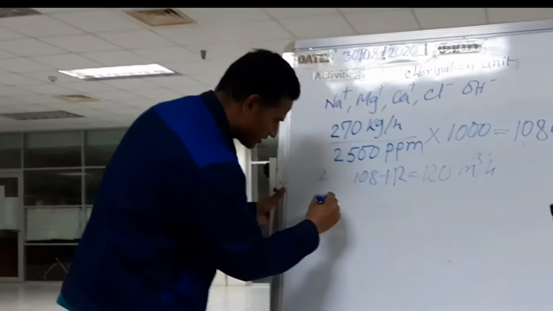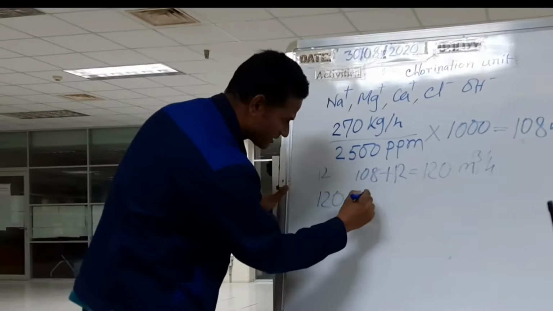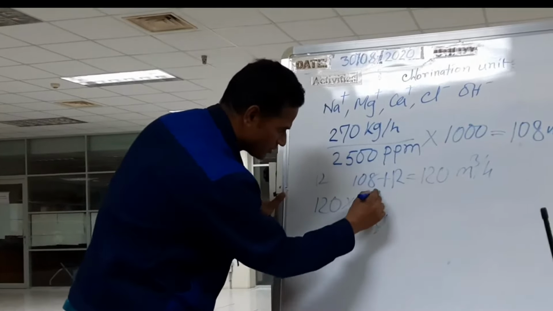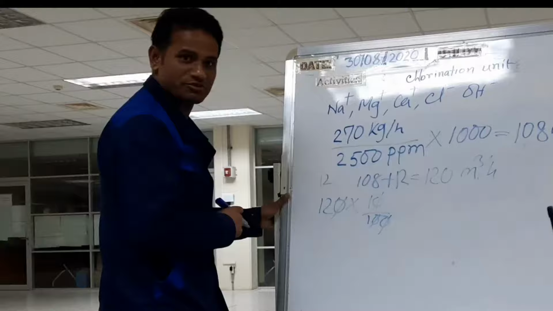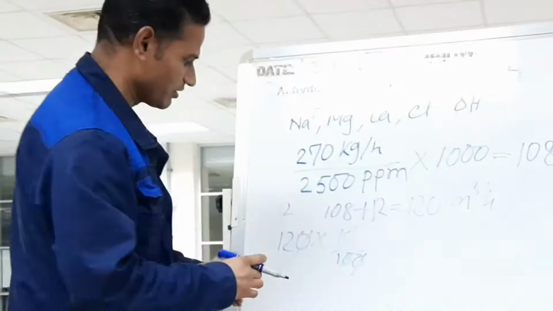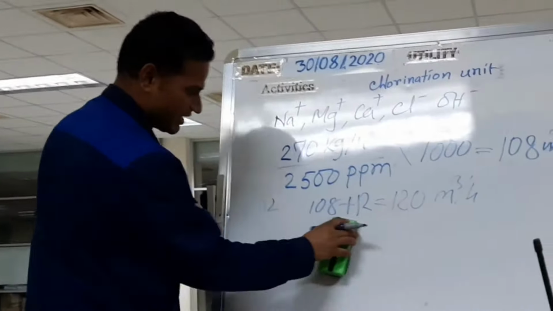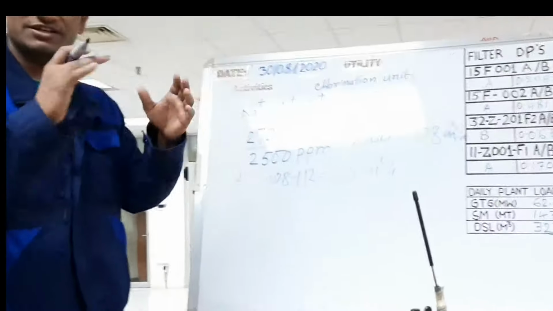You can calculate: 120 times 10% is 12 meter cube. Clear? Every hour we are draining 12 meter cube. 10% we are draining, for removing the suspended solid.